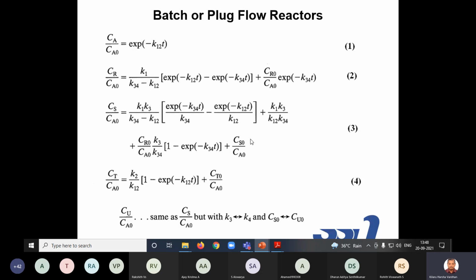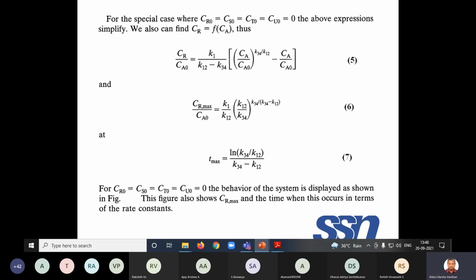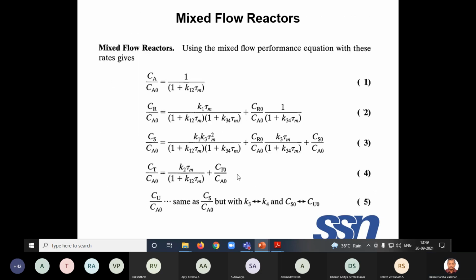He is showing you the derivation part, which if you can follow, you follow, otherwise leave it. I'm just giving it to complete the notes. K34 is nothing but K3 plus K4, because it becomes big terms. That is why they write it like this.